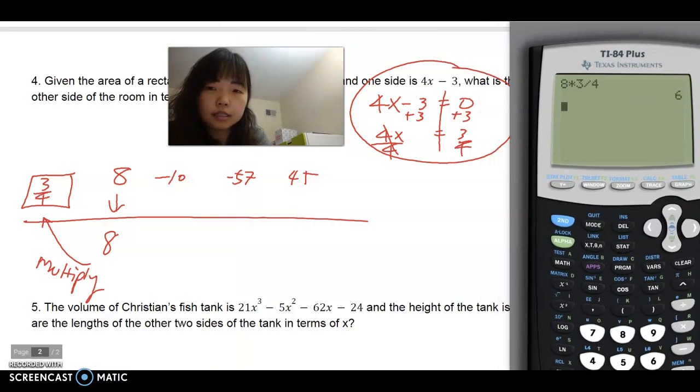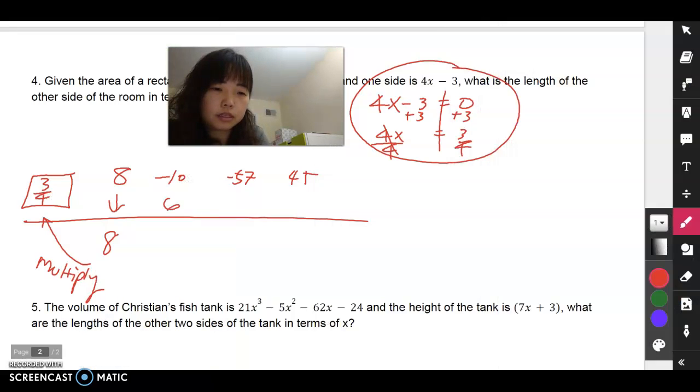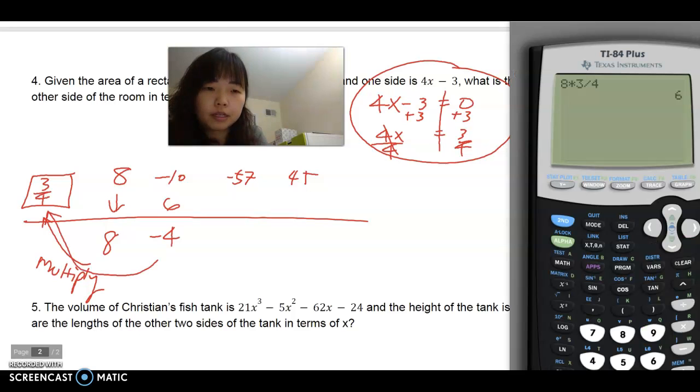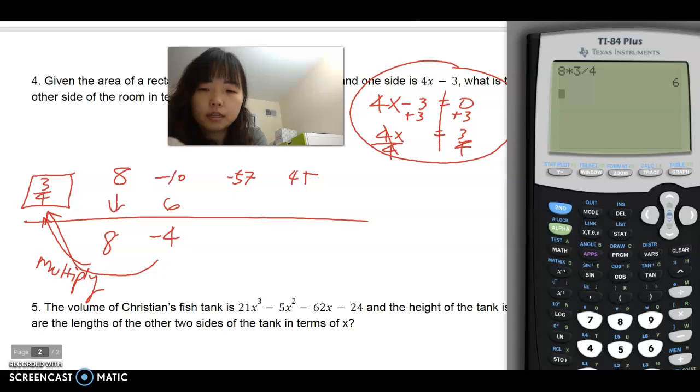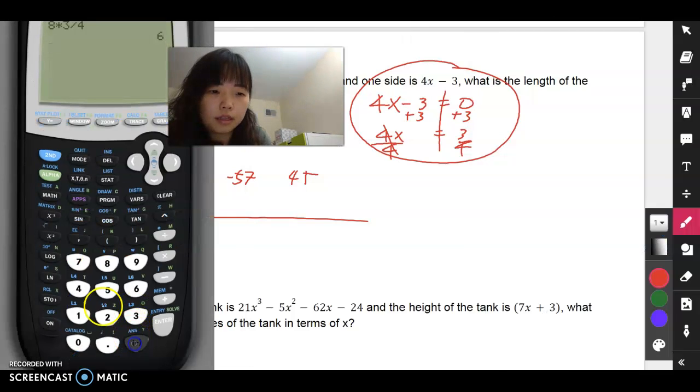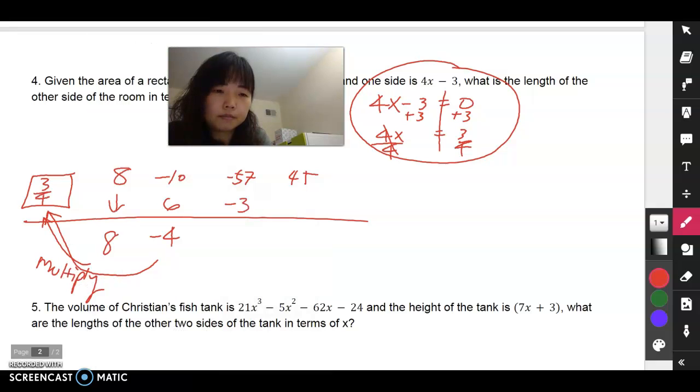Okay, 6. You add it. Multiply. Let me show you one more time. I'm sorry, -4 times 3 over 4 is -3. Add.